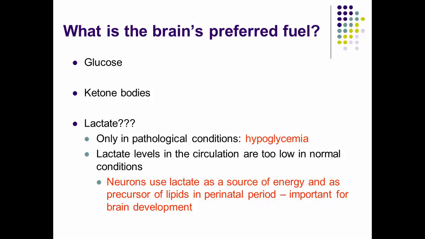Under these conditions, the lactate level will be very high compared to the normal condition. So then the brain is able to pick up some lactate produced by other tissues and utilize the energy. Normally the lactate level is very low, right? So it is definitely not a major metabolic fuel for the brain.